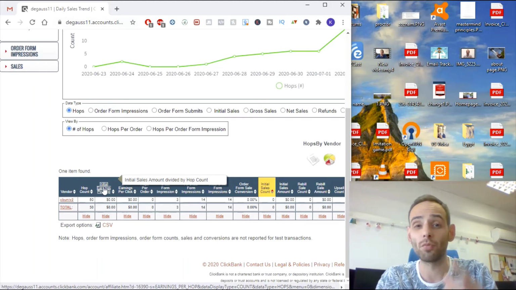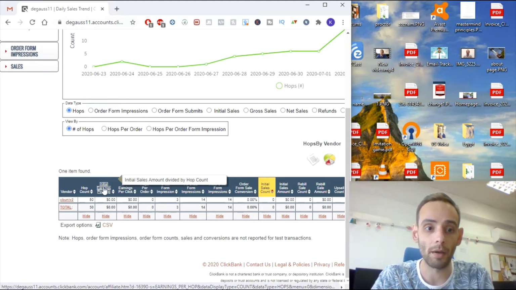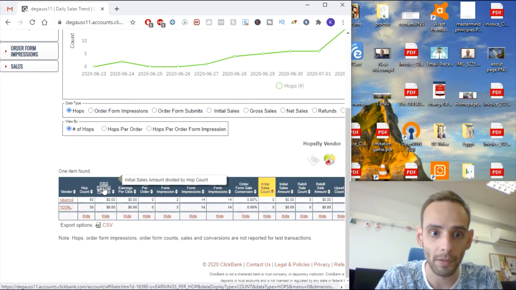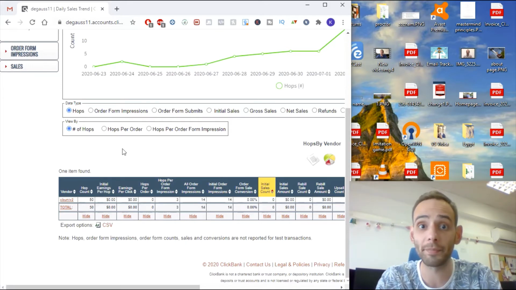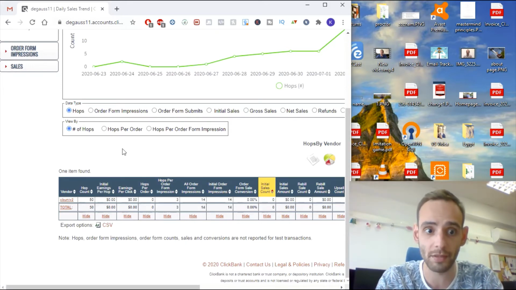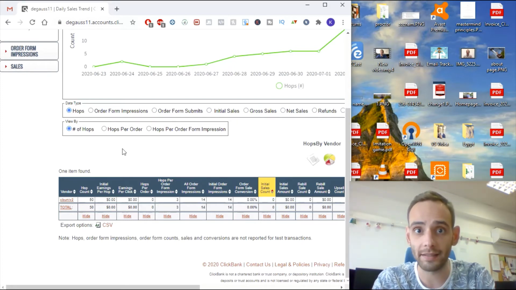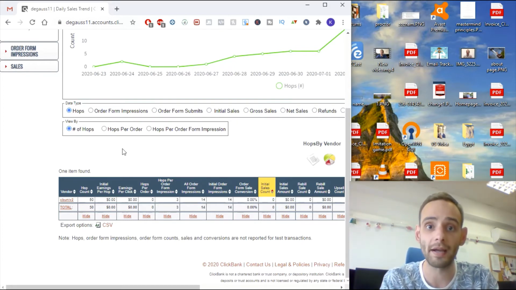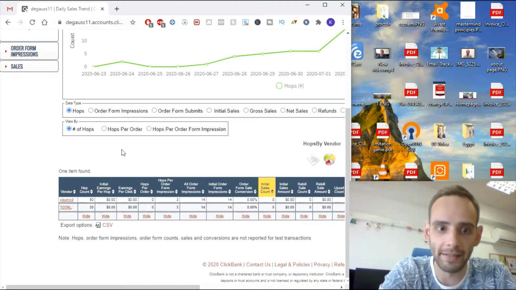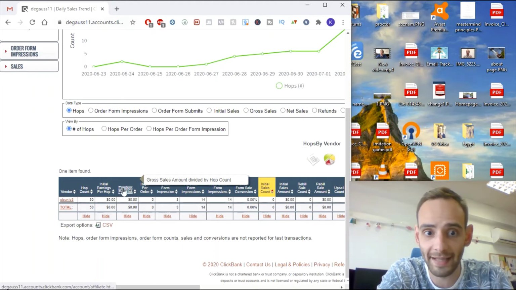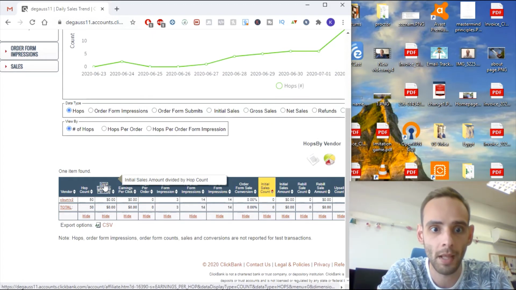So if you have made one sale worth $50 and you have made 50 hops, then your initial earnings per hop will be $1, because $50 divided by 50 hops is $1. Very easy.